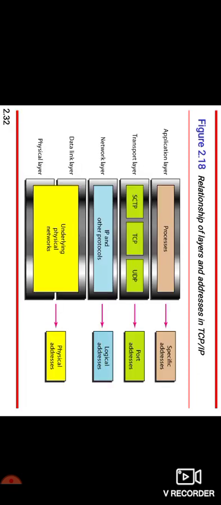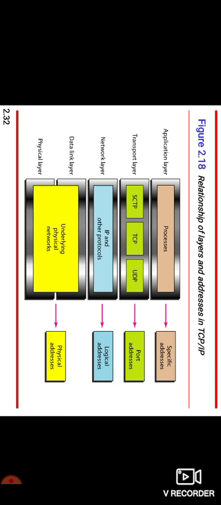Then, how are these used with the different layers? The physical address is used by the host-to-network layer, that is the data link layer and the physical layer. The logical address is used by the network layer, the port address is used by the transport layer, and the specific address is used by the application layer.